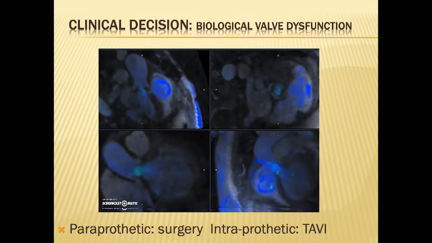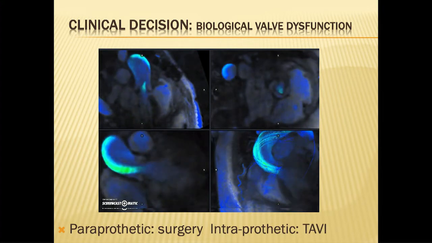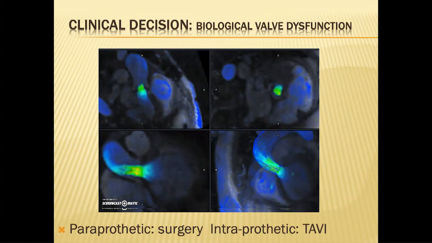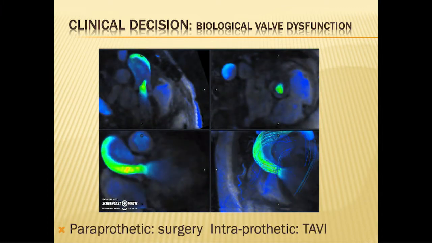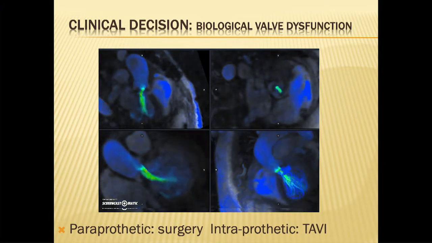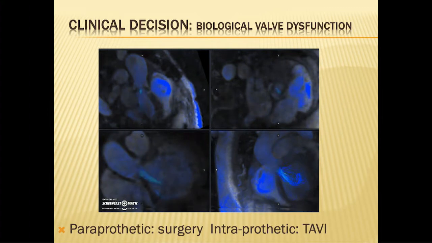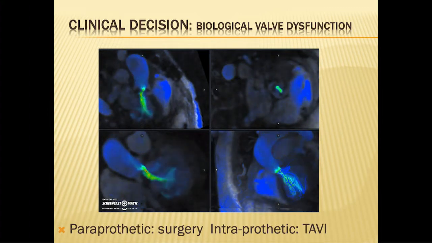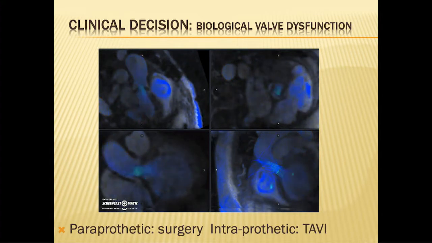Speaking about clinical decision, because finally all these images are to help clinical decisions, this is a case of dysfunction of a prosthetic valve. On TTE, because of the metallic artifacts of the Bjork prosthesis, they were not able to tell if the regurgitation was intraprosthetic or paraprosthetic.